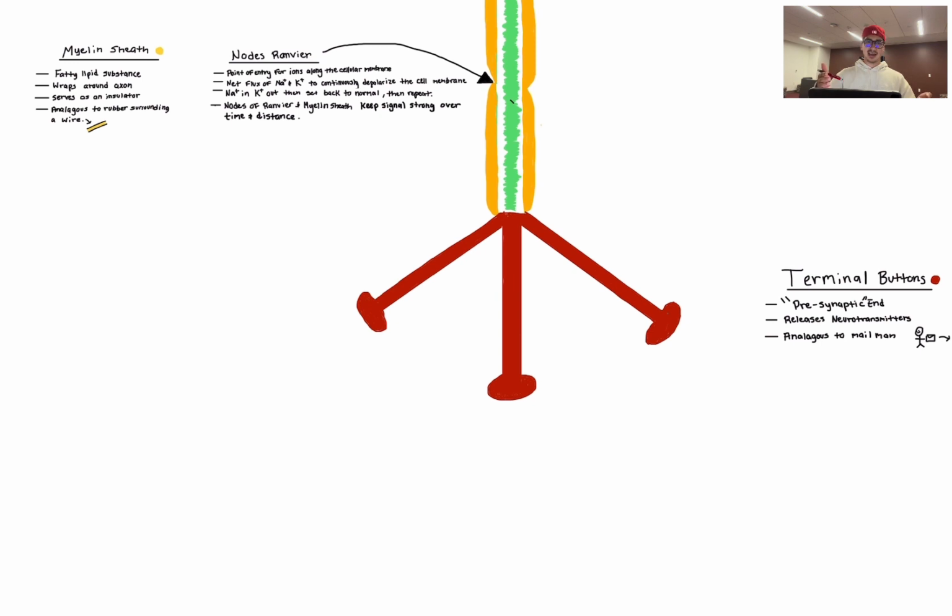A lot of neurological diseases happen because the proteins responsible for creating the myelin sheath have some sort of malfunction. So then the neuron's not covered in the myelin. The neuron is able to fire, but then that action potential, that signal, is going to lose strength over time and distance.